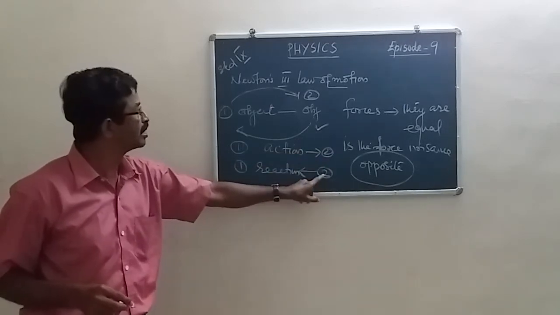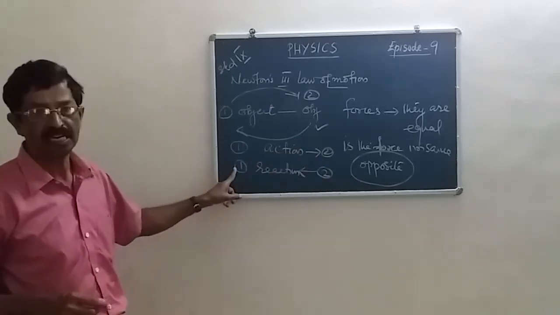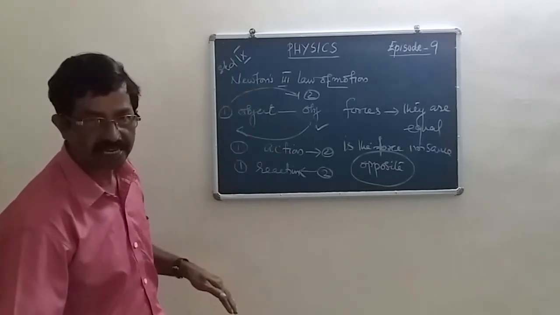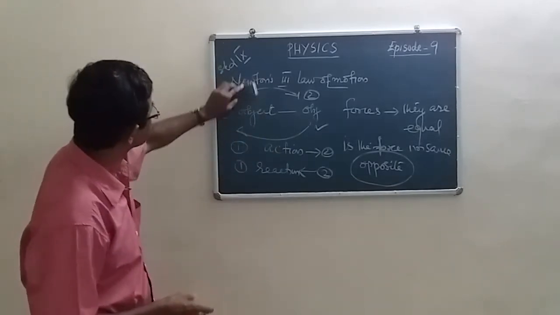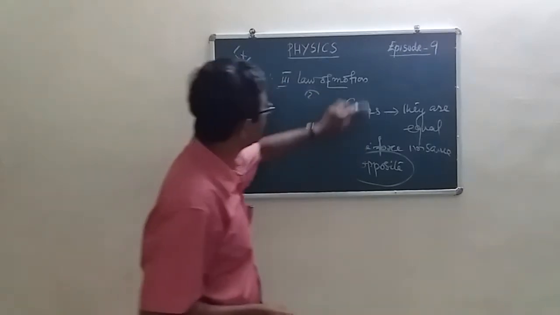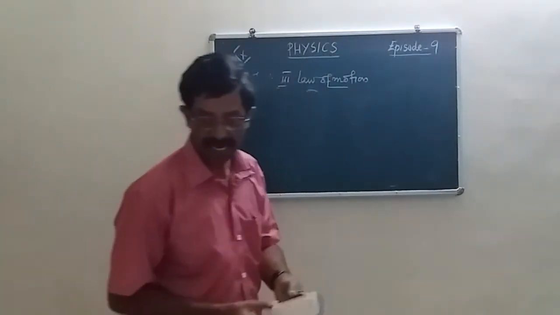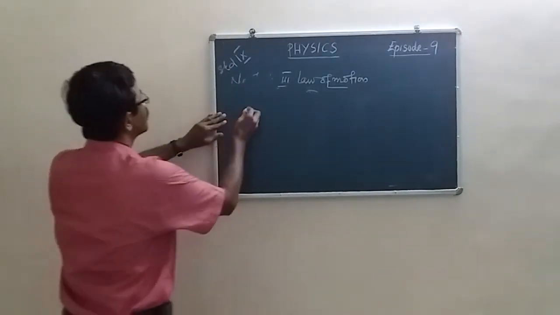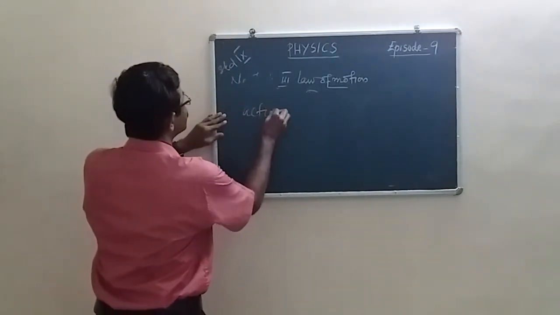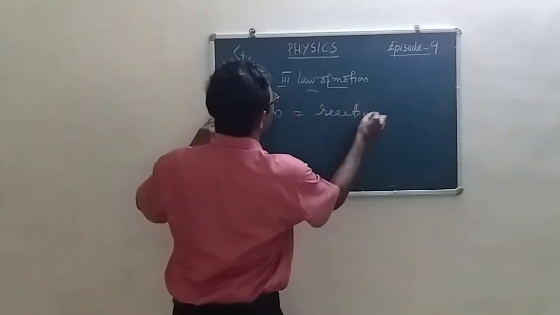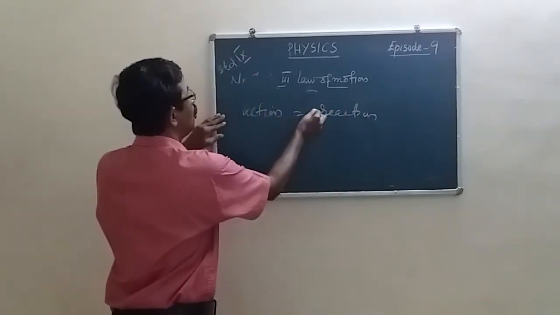Then the force acting from second on first is the reaction. What about these two forces? They are equal, but in opposite direction. So here we can write action is equal to reaction, but they are acting in opposite directions.